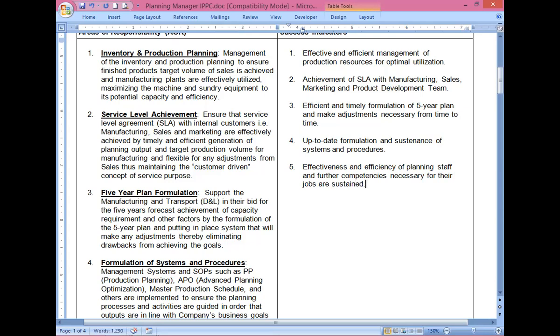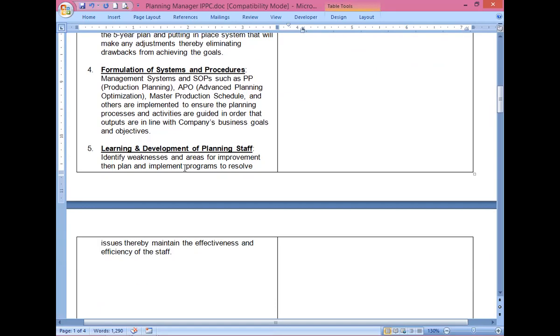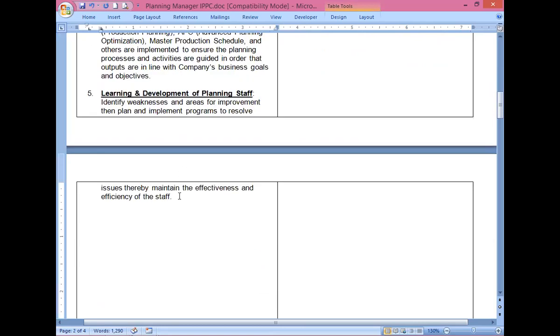Past tense. Okay, that would be okay. Effectiveness and efficiency of planning staff and their competencies necessary for their jobs are sustained. If not sustained, then they're not successful in doing the learning and development. So let's go for number 6.